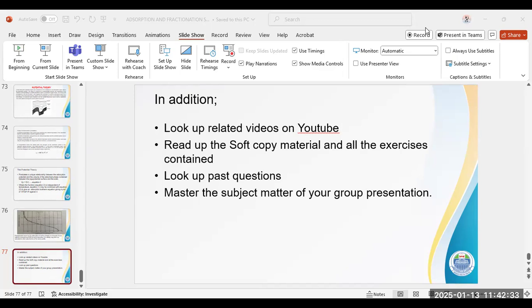Okay, so Richardson and Coulson, if you check page 231, section 17, section 217.